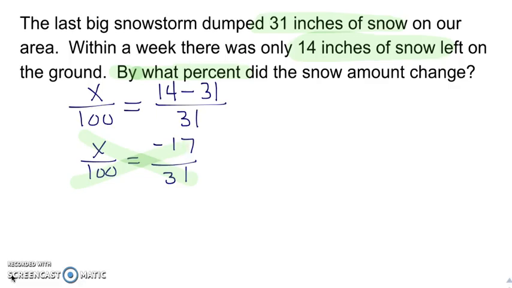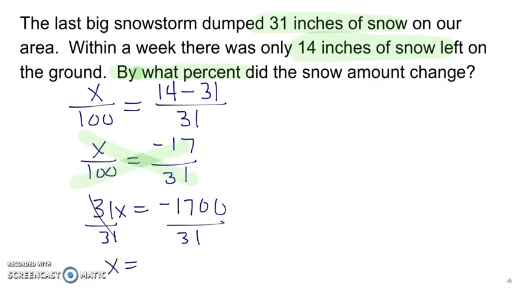X times 31 would be 31x. 100 multiplied by negative 17 would be negative 1,700. Now, to solve the equation, we need to divide both sides by 31. Those cancel out, and x would be equal to negative 1,700 divided by 31, which gives us, if I round to the nearest hundredth, negative 54.84.